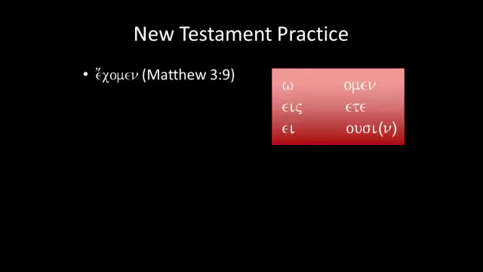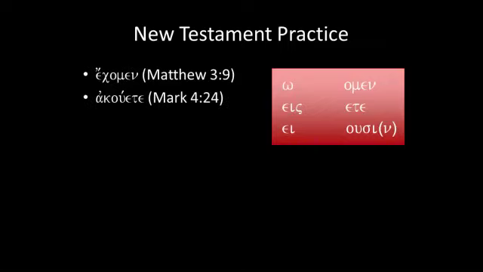So let's do a little bit of practice. I've got the endings for you on the right here, o, eis, ei, omen, ete, ousi. So we have this verb echomen. This comes from echo, that means I have. So you've got the basic meaning have, and you have the omen ending, that's first plural, that's we. So echomen would be we have.